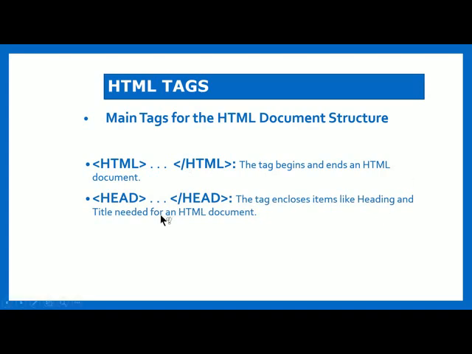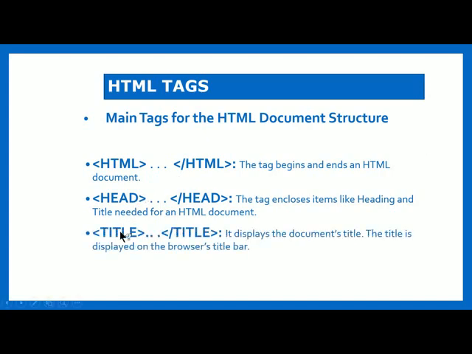Next we have the head tag, where we can provide the heading for the web page. This is a beginning and the ending will be done with the same name, prefixed with the slash symbol. Apart from that, in this particular tag we have to include one more tag, that will be the title tag, where we can provide the title for a particular web page, and that will be displayed on the title bar of the web browser.